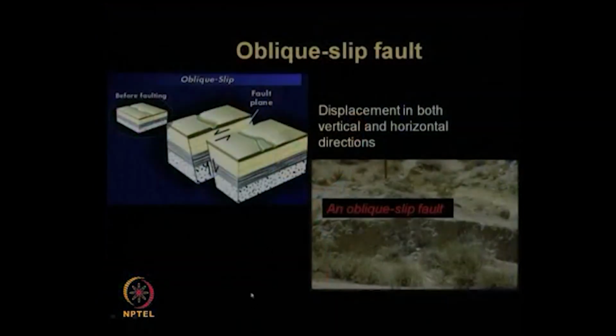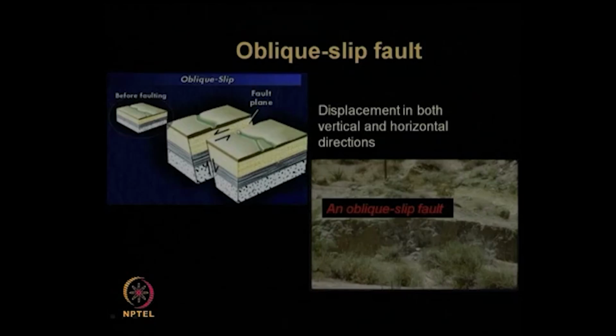During the earthquake process, if there is a normal fault or reverse fault or oblique slip fault, where there is a vertical component of movement between the two plates, those can create a tsunami, whereas the strike slip fault, where only horizontal movement takes place between two blocks, cannot create a tsunami, as already seen from these pictures, because in the strike slip fault we do not have any vertical movement.